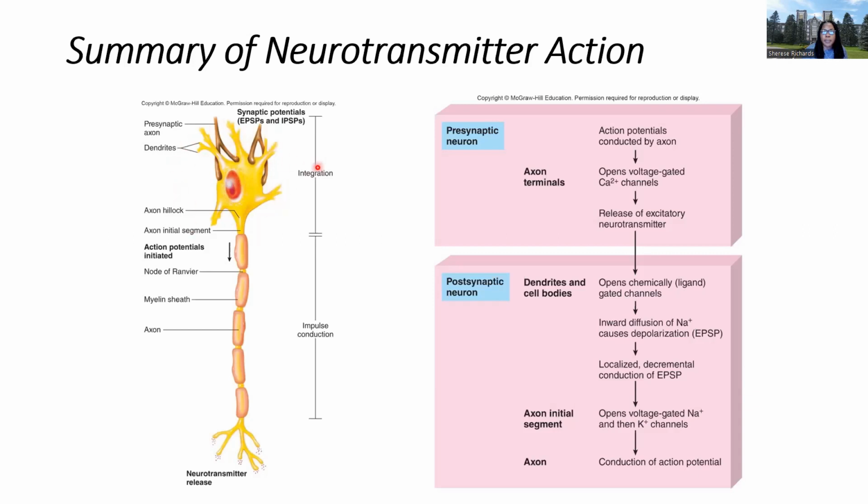Those will all be integrated together, all of the different types of signals, all of the different types of ligands that are binding because of the neurotransmitters released from the presynaptic neurons. All of that is being added and taken into account and assessed at the axon hillock.